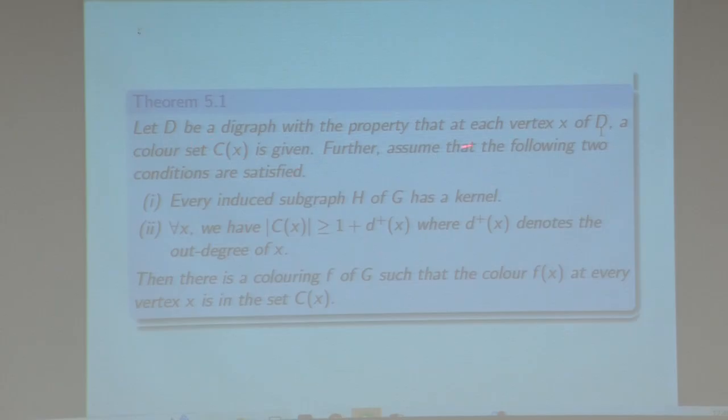This is the main theorem: at each vertex x of the directed graph, a color set is given. So, this is more general than the list coloring. These sets need not have the same cardinality.